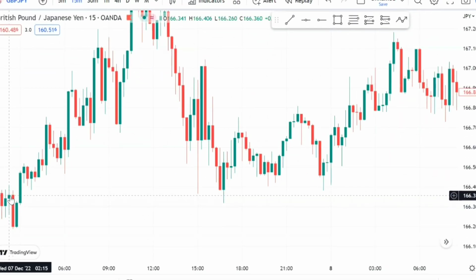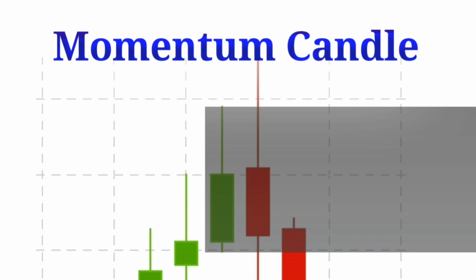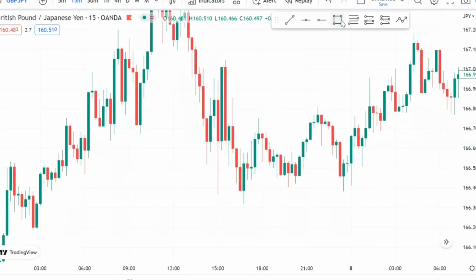So the first one is how to draw your supply and demand zone. I actually have three ways I draw my supply and demand zone. The first one is using the previous week that causes the market action. Here's an example, guys. As you can see, there are three bullish candles, one right here and one right here, which means that smart money movers are entering the market and putting big money in.